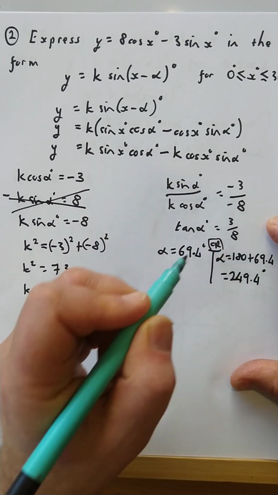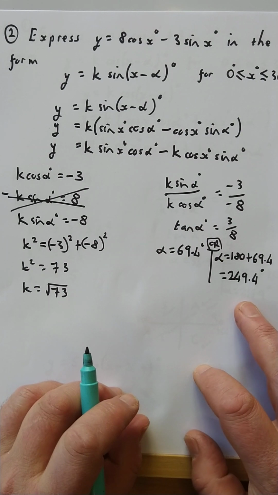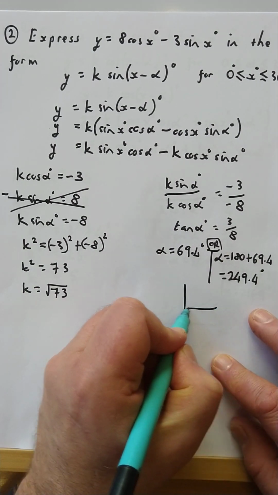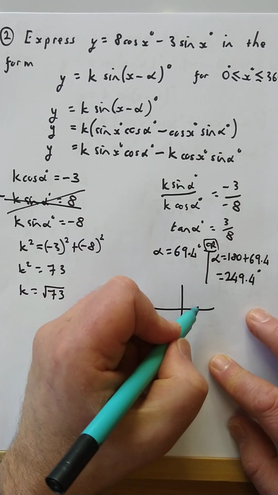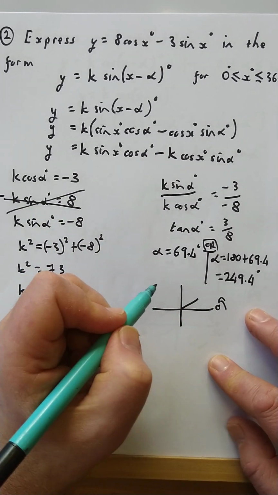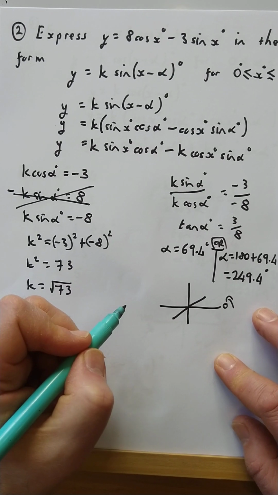Or again, if you want to round off to three significant figures and call it 249, that's fine. Go with my CAST diagram. I have an answer, again in this quadrant, 69.4. And an answer down here at 249.4.